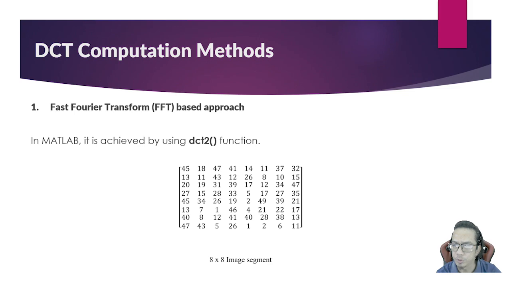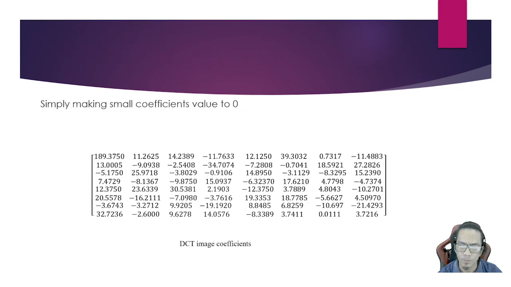For the first simulation in MATLAB, I used the first sample grayscale image of 512 by 512 pixels. This is the 8x8 image segment achieved after applying the DCT2 function. This 8x8 segment is identified by its own row and column. After that, in the written MATLAB code, the DCT image coefficients will be changed into these values.